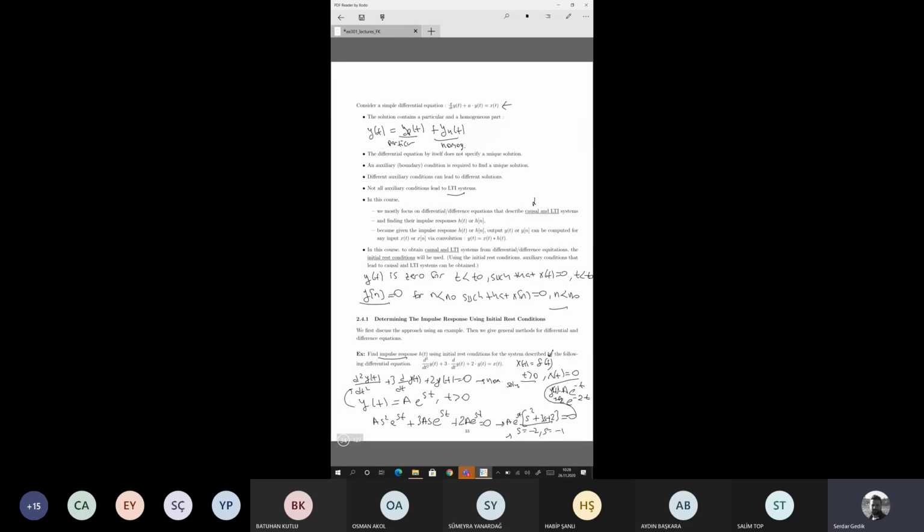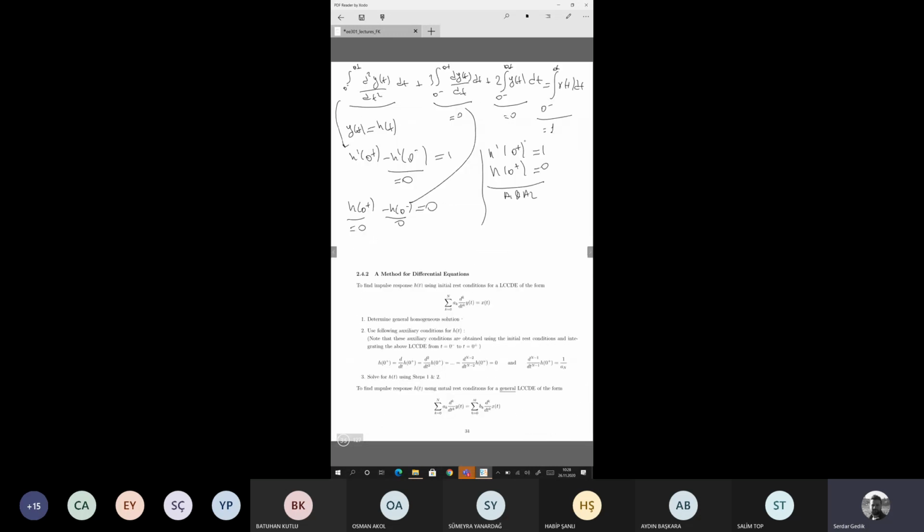So I will find the derivative, put 0 and equate to 1 to find a relationship between A1 and A2. I will put 0 in h and equate to 0 to find another relationship for A1 and A2. Then I will solve. Actually, it will be clearer in the following examples, I'm sure.